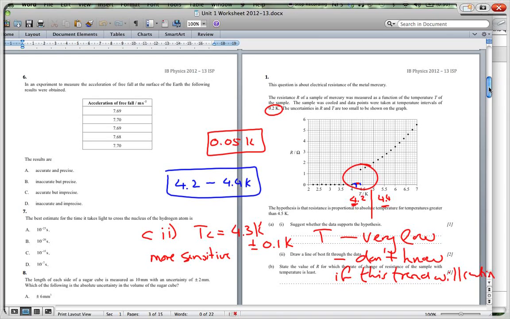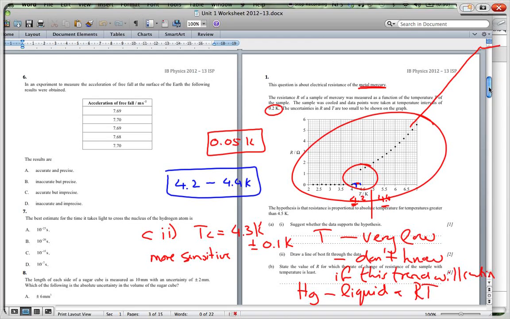Perhaps somewhere up here there will be a further change, for instance. So we're not sure that there will be the change. We know that mercury, for instance, Hg as its symbol, is a liquid at room temperature. So perhaps that will cause a change. So there's really no way of knowing that this data could actually predict your resistance at much higher temperatures, 273 Kelvin, which is 0 degrees centigrade.